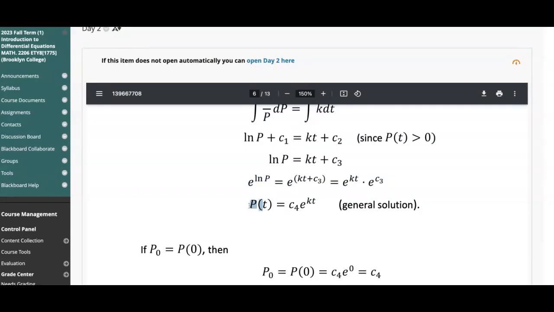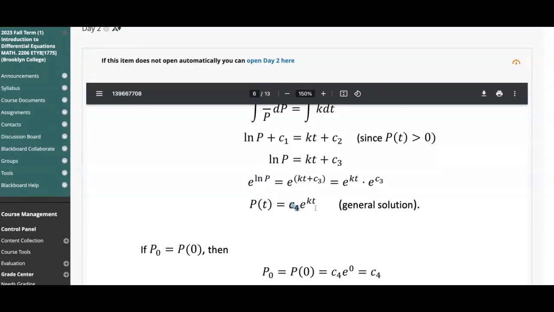So p is a function in terms of t. P of t equals e to this power. But what is e raised by a constant? It's just some number, right? And we could use a constant to represent that. So we use C4, or before we used capital letter A, we can still use capital letter A here.